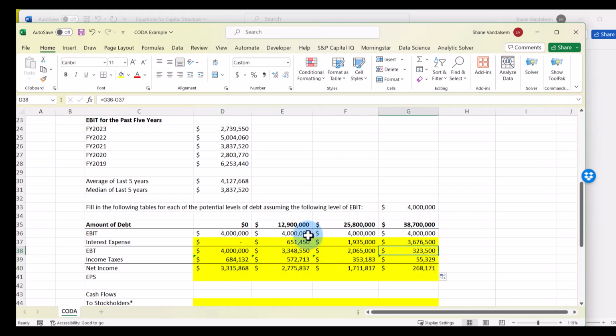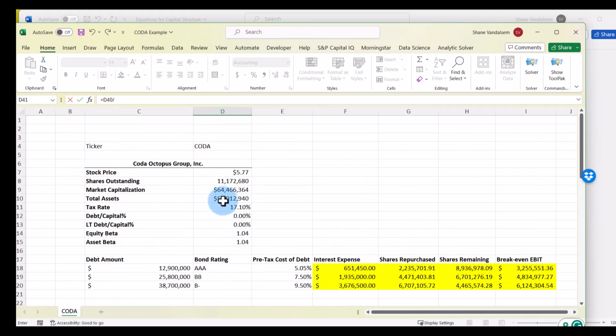So what we can see here is as the firm takes on more and more debt, the net income decreases. And that's to be expected because they're taking on more debt and having to pay more and more interest expense. The earnings per share for the firm are equal to the net income divided by the number of shares outstanding. So I'm going to take net income divided by the number of shares outstanding.